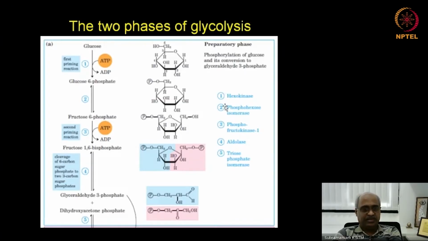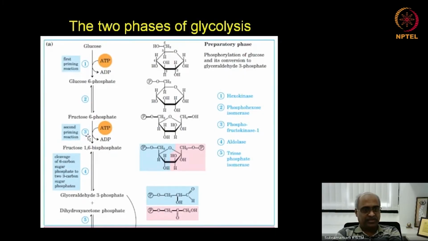And the respective enzymes are listed here. We have already gone through it. This is just to give you a snapshot of the reactants and products and the enzymes, and whether the reaction is reversible or irreversible. Look at the first one. This is an irreversible reaction.